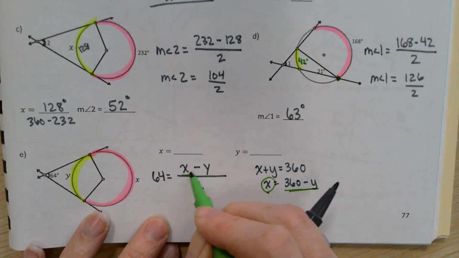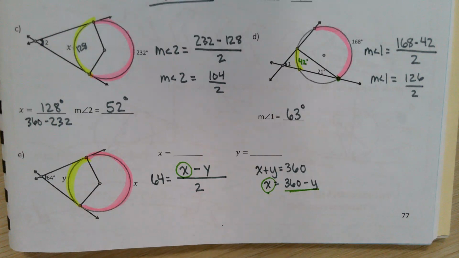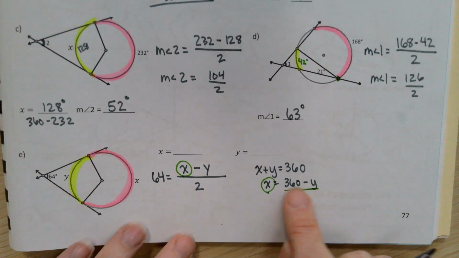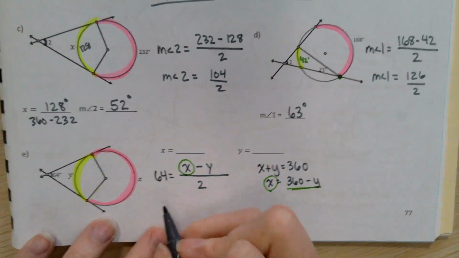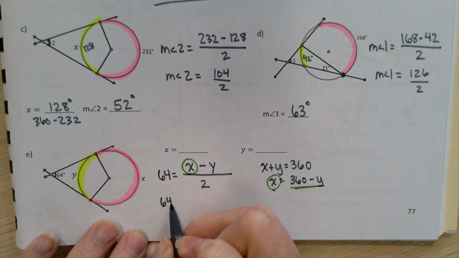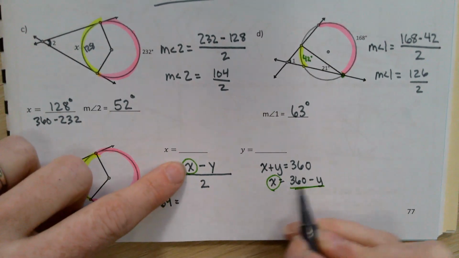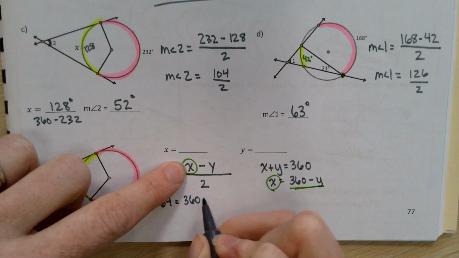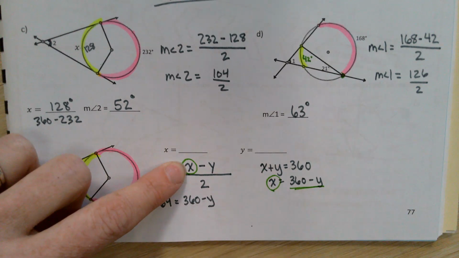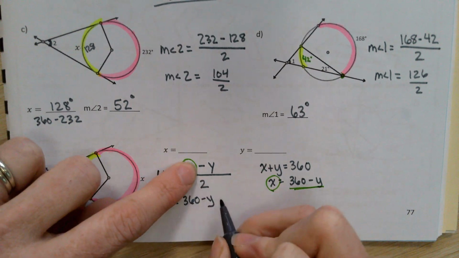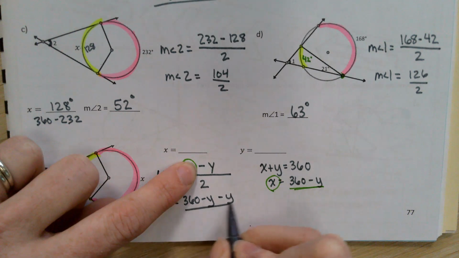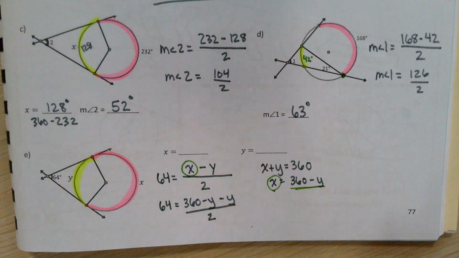So if I go over here to my equation, I'm able to replace that x with this expression instead. So 64 is equal to not x, but 360 minus y, replacing my x, minus another y divided by 2 to finish filling in the rest of that formula. Be a little bit careful with your order of operations here.